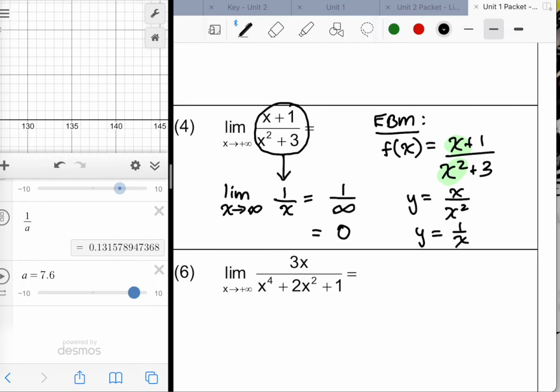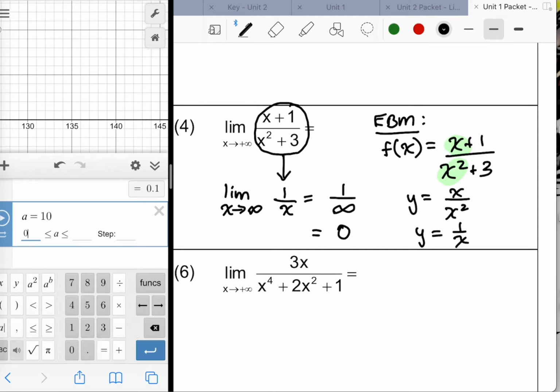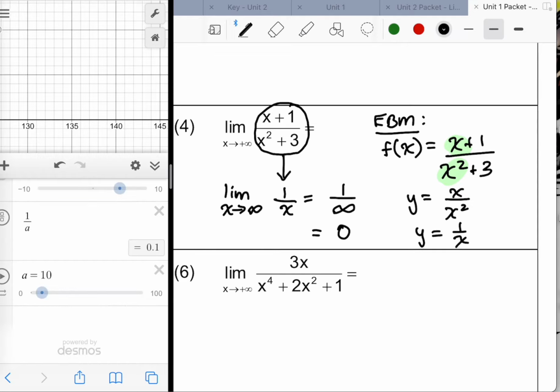It's just a question of how far it will decrease. You can change the parameters on your a slider. Tap on the low bound, make that 0, because we only care about non-negative numbers anyway, and make your max a value something large, like 100. Then start sliding your slider and see where it's going.